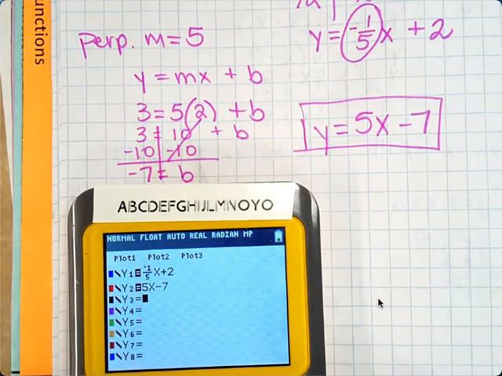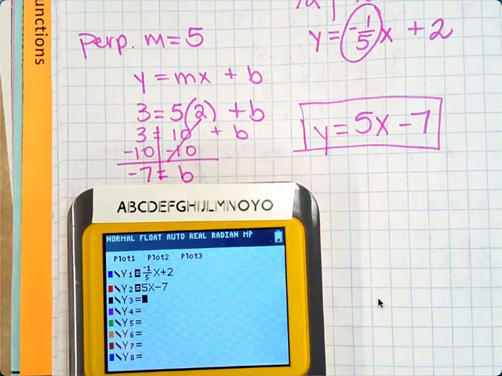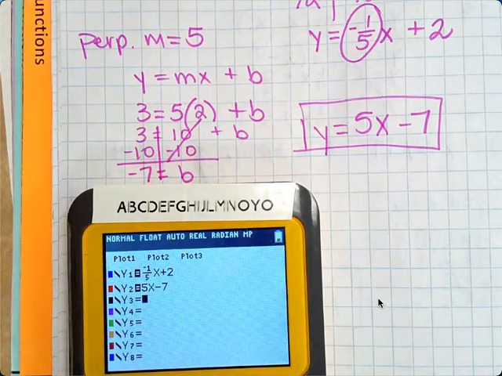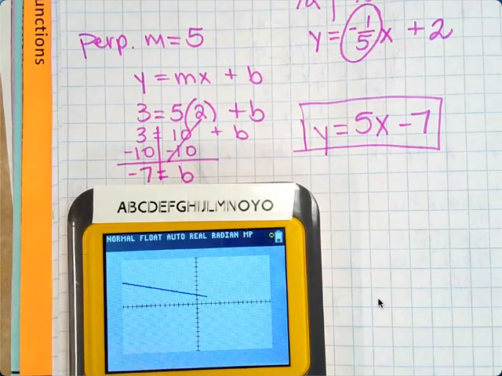Now graph it. Make sure, if you need to, you hit zoom and then go to square for number 5 to make it actually look perpendicular. If it doesn't look perpendicular, check that first. And if it still doesn't look perpendicular, that means you did it wrong.